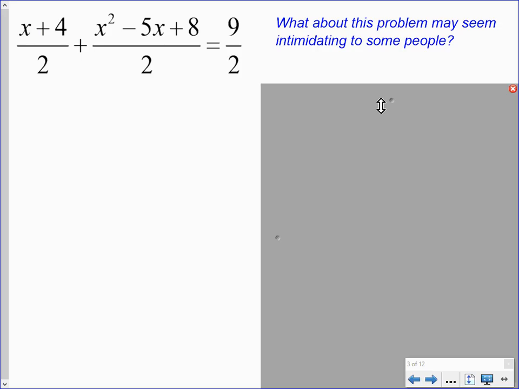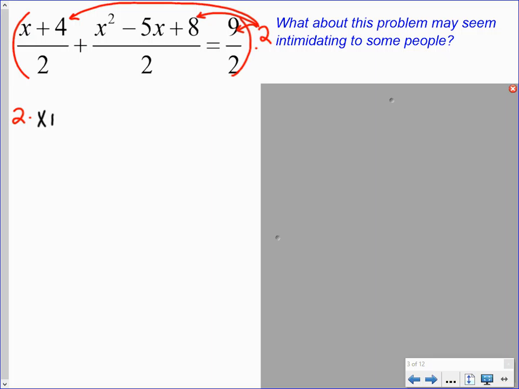If you multiply the whole equation by 2, it would distribute to all of the terms. So it distributes to my first fraction, it distributes to my second fraction, and it distributes to my 9 over 2. I'm going to write this out.